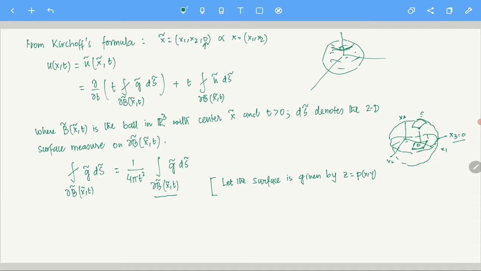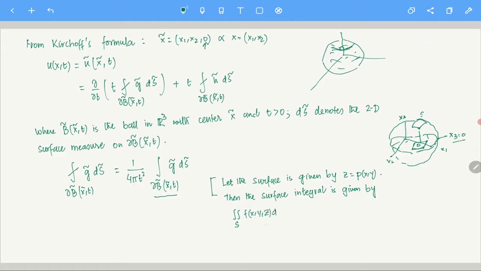Okay, so then the surface integral is given by, so you see, if the surface is given by the graph of this function z equals to p of xy, then the surface integral of some function f, let's say double integral over S, f of x y z dS.